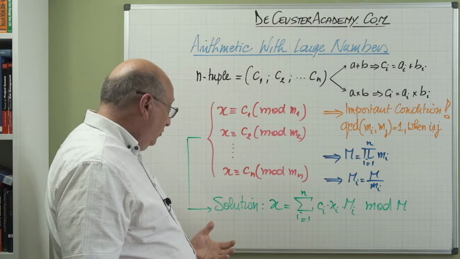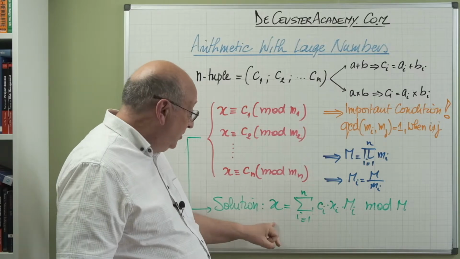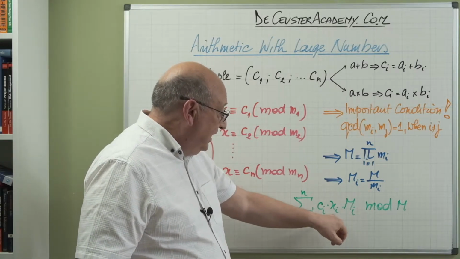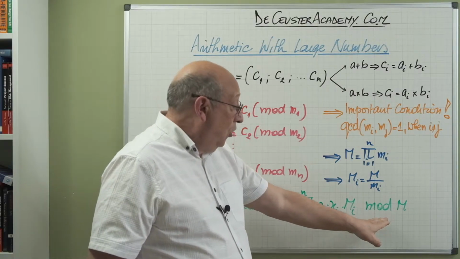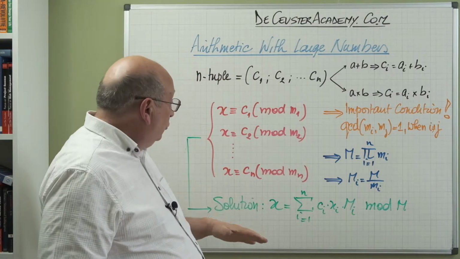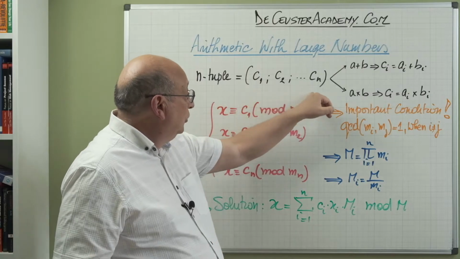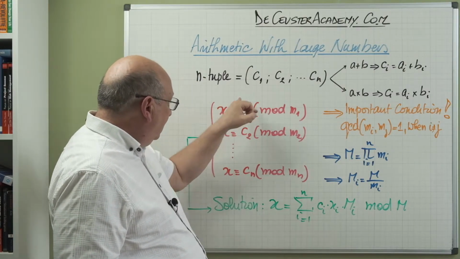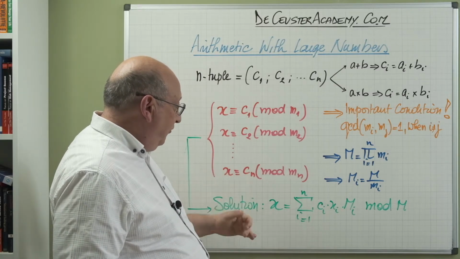When we have that, we find the solution x, which is the sum of the coefficients ci, xi, Mi, all modulus M.